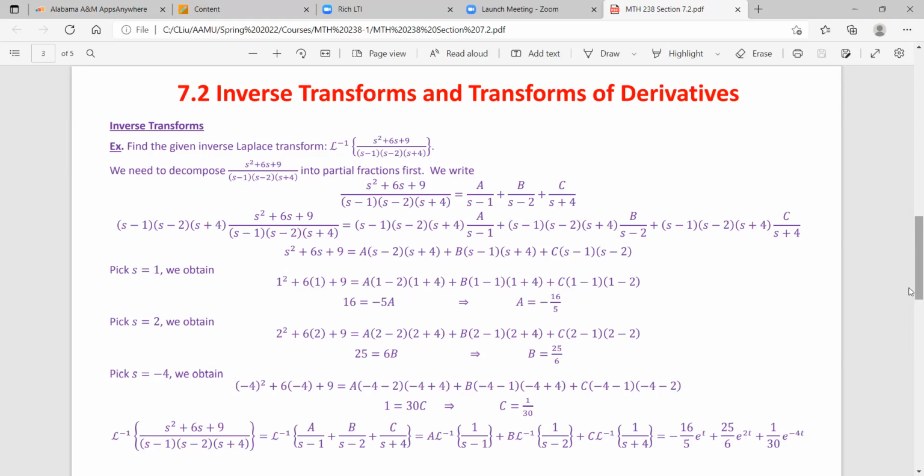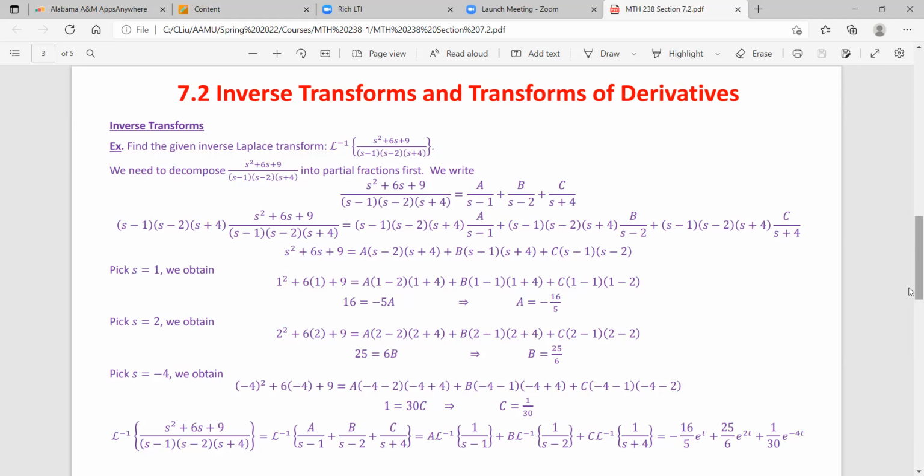So you're just left with s minus 2 and s plus 4, and you still have a to multiply the whole thing. In the second term, the factor of s minus 2 is canceled. So you are left with s minus 1, s plus 4, and still have a b in the front. In the third term, s plus 4 is canceled. So we got c times s minus 1 times s minus 2.